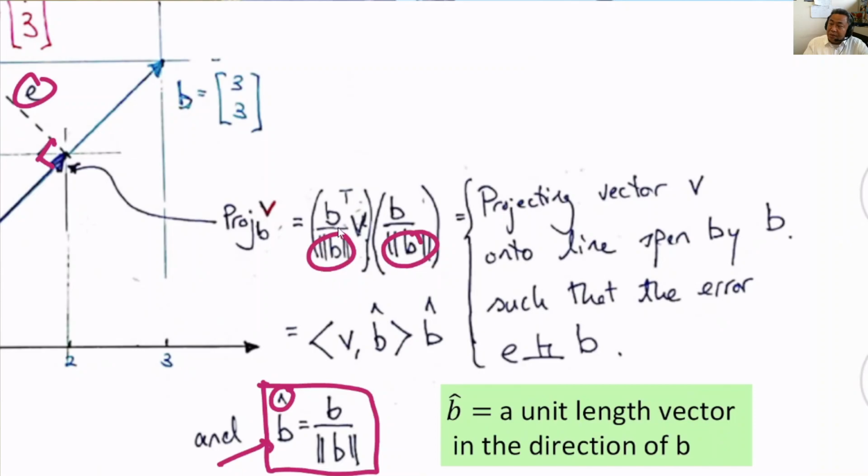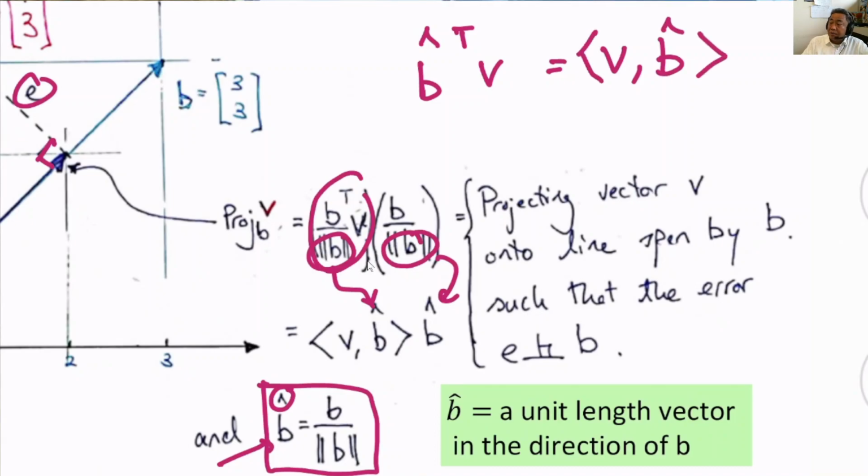So we can actually now use b hat, because this is b over the norm of b, and this is b over the norm of b. Basically we just change our notation to say that we are dealing with unit length vectors instead. So this is b hat, and this operation b hat transpose v, isn't this simpler notation?